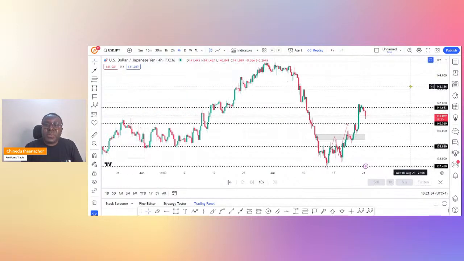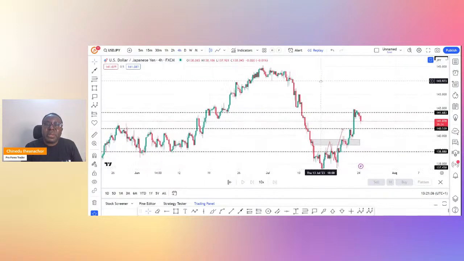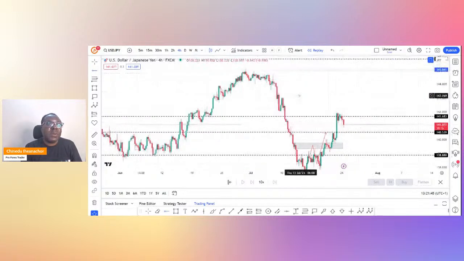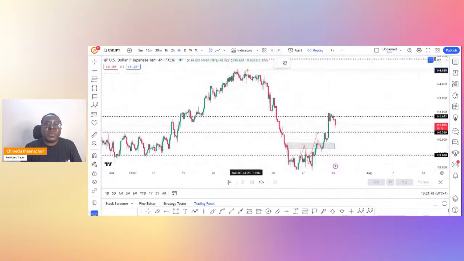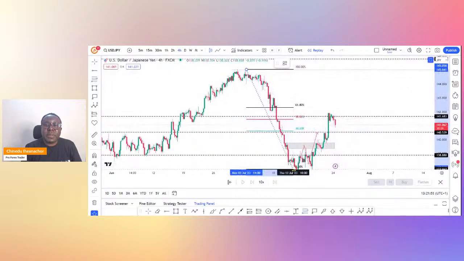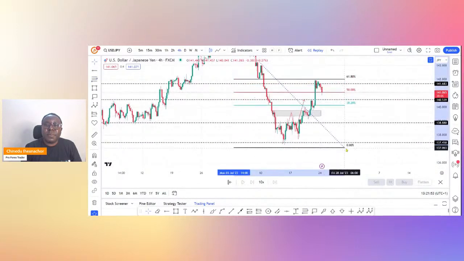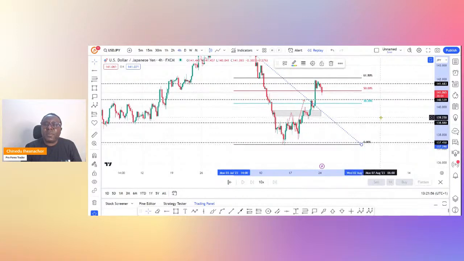Okay, let's see what is happening here. Let's even look at Fibonacci retracement levels from here to the downward side. Okay.